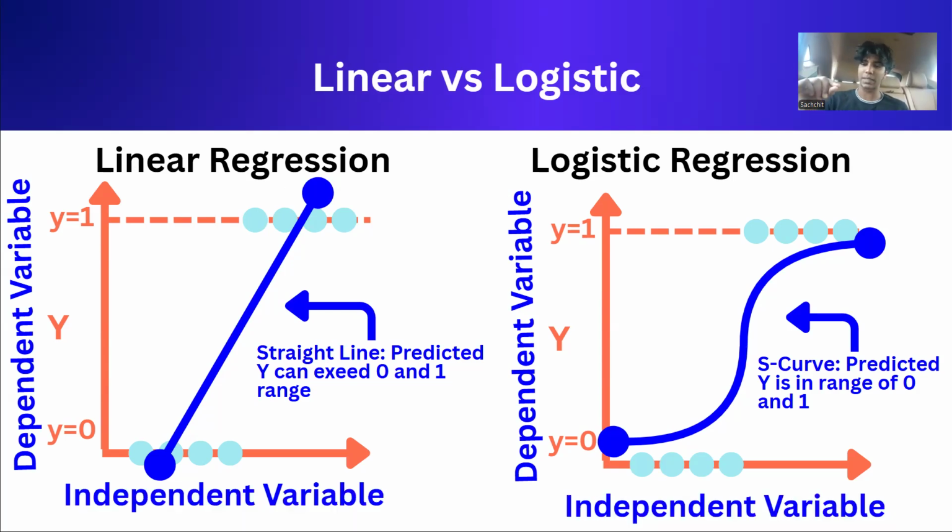How can we compress this curve into this range? What we can use to predict now is logistic regression. Whenever you're working with dichotomous values and you want to see how one independent variable has an effect on it, you can use an S curve or a sigmoid curve. Now the predicted y is in the range of 0 and 1.